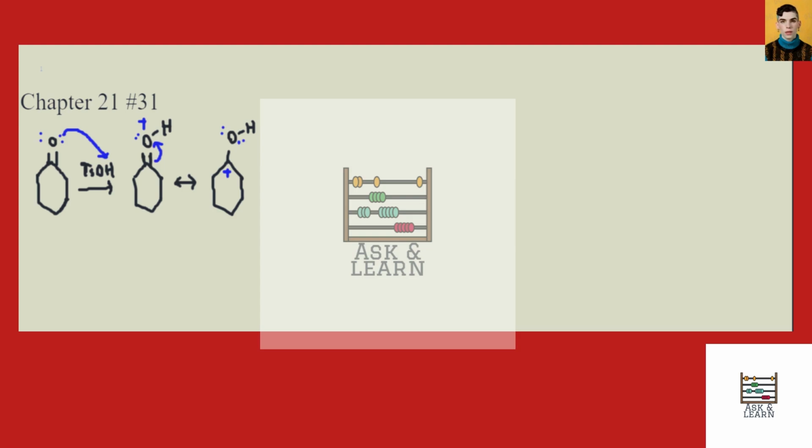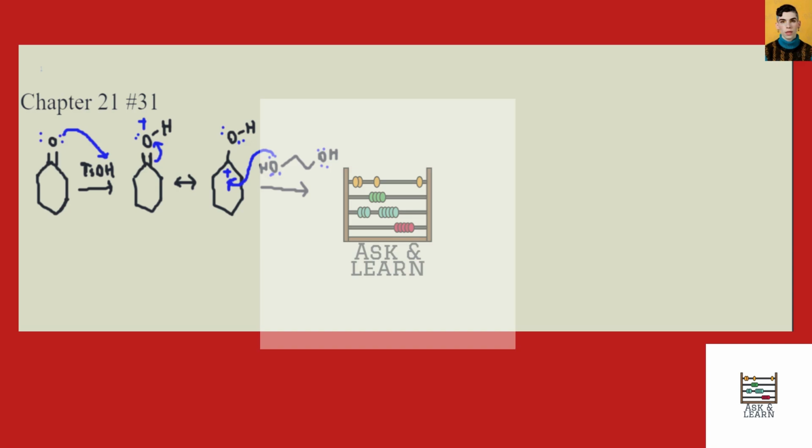Okay, and so that is where one of the alcohols in ethylene glycol is going to attack. So one of the alcohols can act as a nucleophile and attack that positive charge.